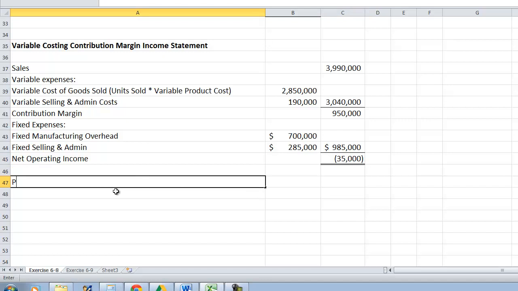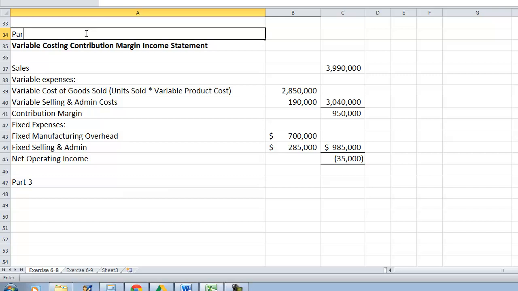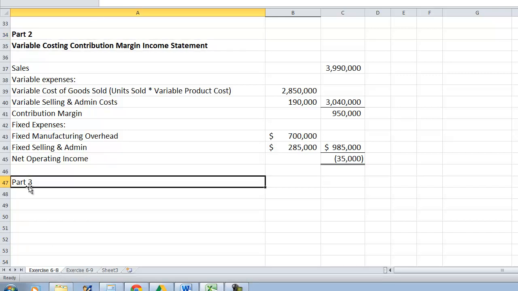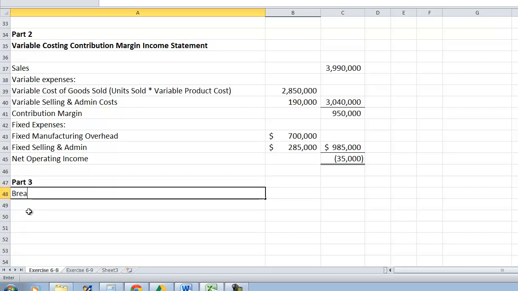So part 3 is to actually figure out our break-even point. This is from the previous chapter. Break-even point in units.